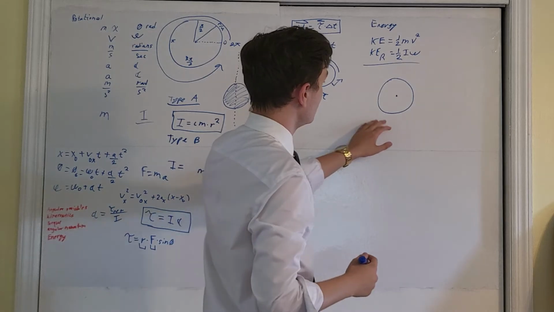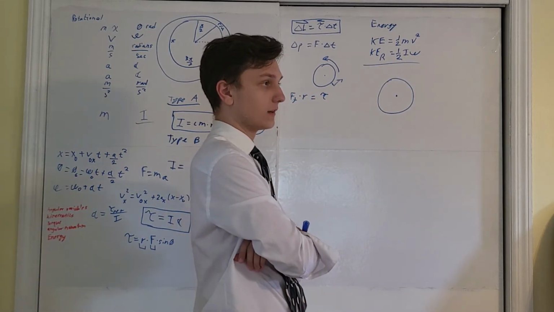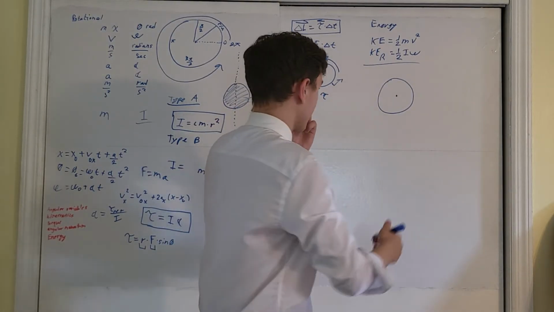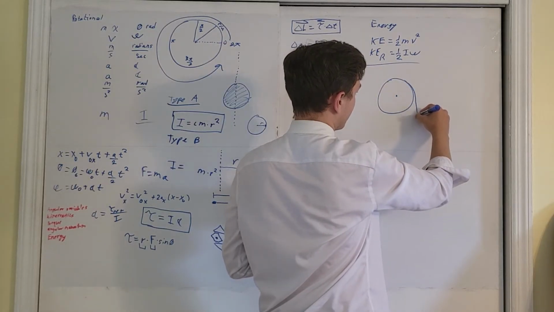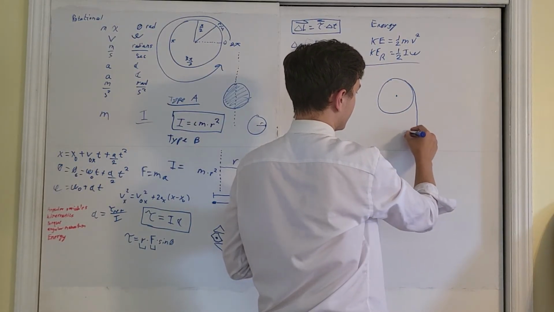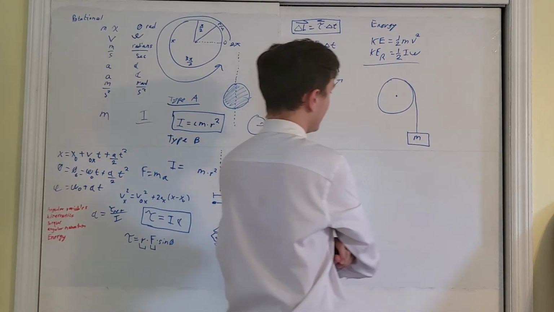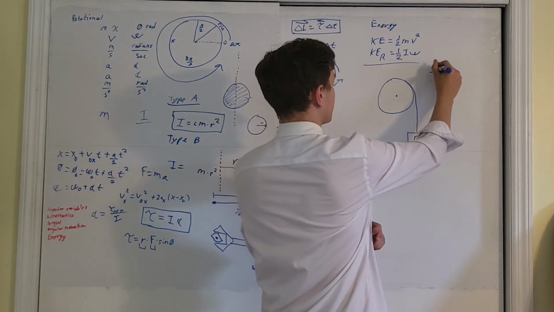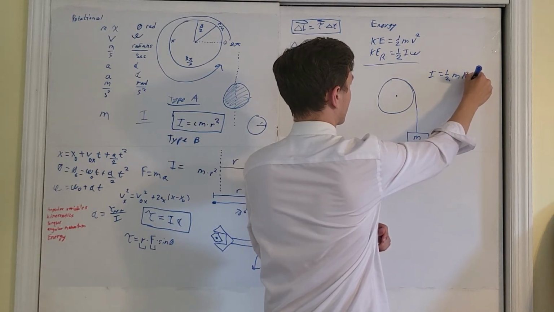Let's say you have a wheel here, okay? And wrapped around the wheel is a very long piece of string, wrapped around continuously. That piece of string is allowed to hang off the edge, and it's connected to a block of mass m. You're given that this wheel has moment of inertia I equals 1/2 mr squared.